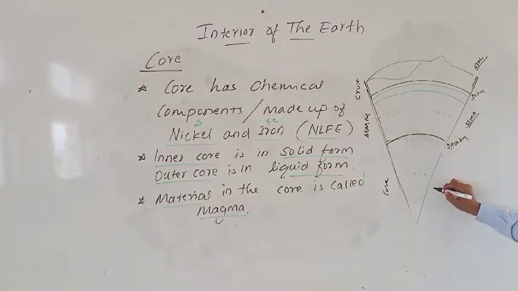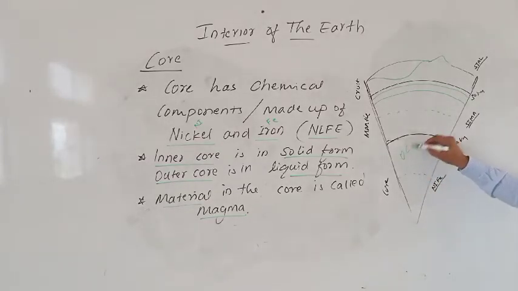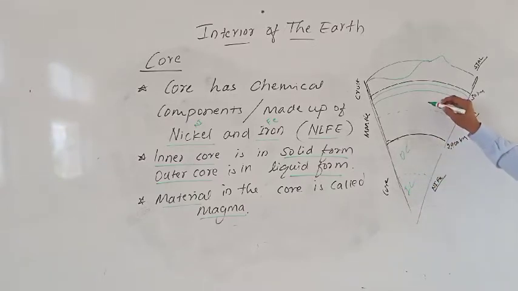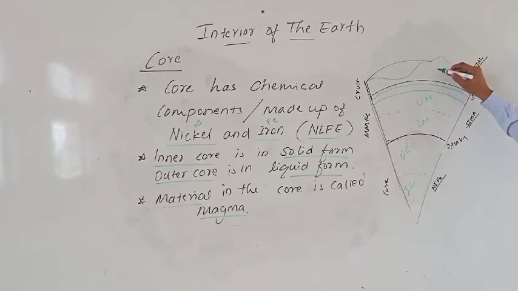Then here, nickel and iron. It's called as Nife. So these are the chemical components. We have two divisions like outer core, inner core, upper mantle, lower mantle. Then here continental crust, oceanic crust.